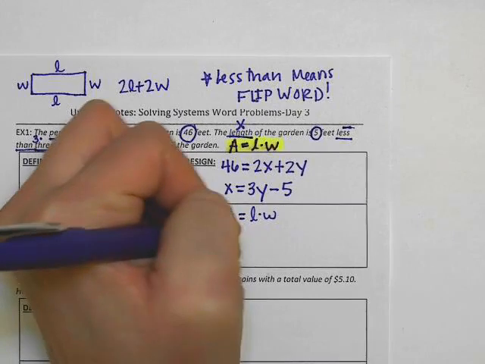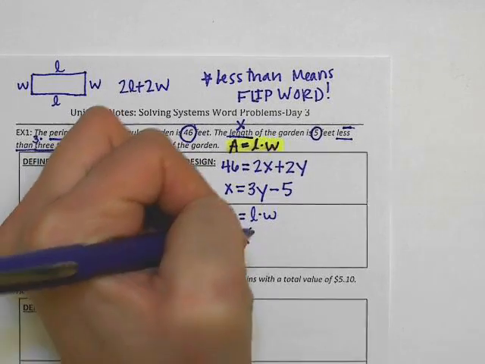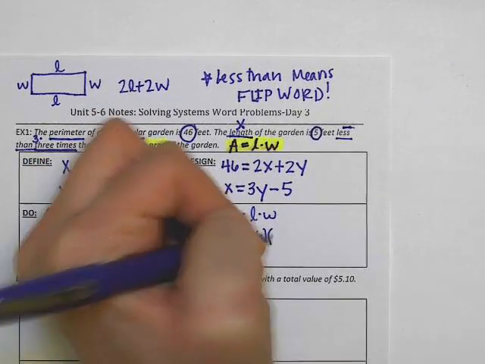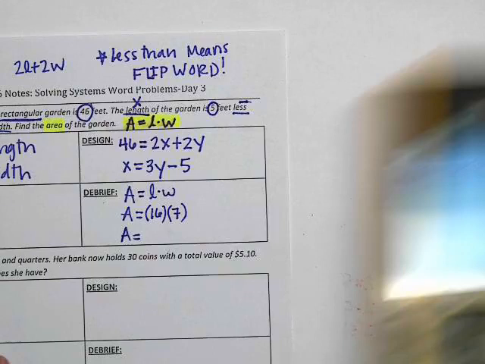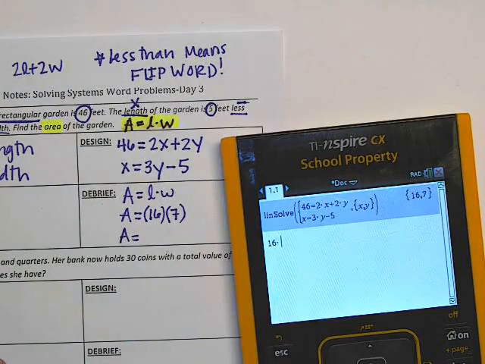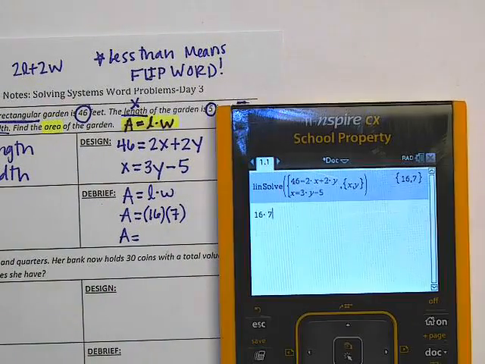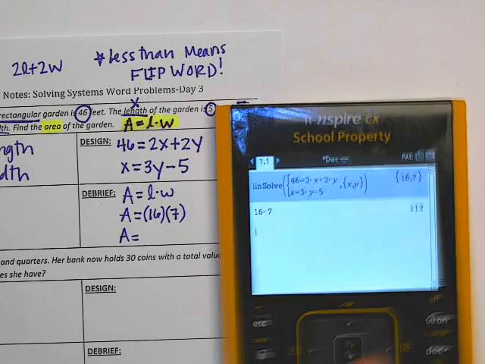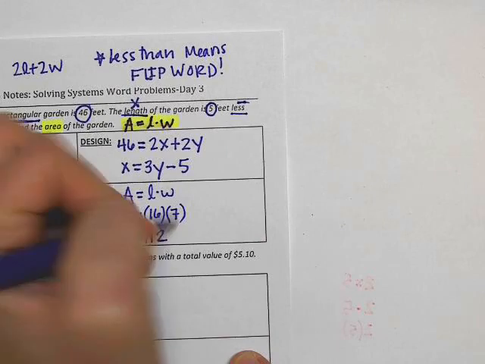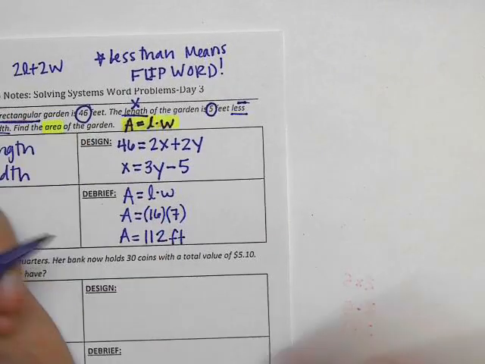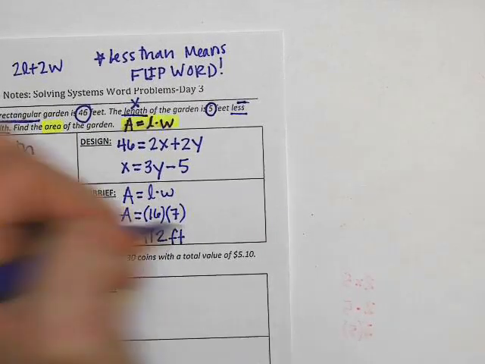I don't know the area, but I do know my length is 16 and my width is 7. So my area equals, we put it in the calculator, 16 times 7, 112. 112 what? Feet. How do you say area? Squared. Good.